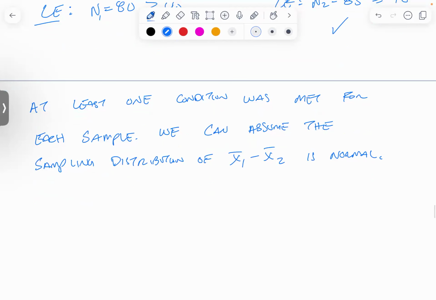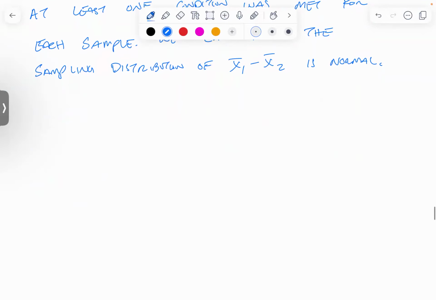So at least one condition was met for each sample. We can assume the sampling distribution of x bar 1 minus x bar 2 is normal.